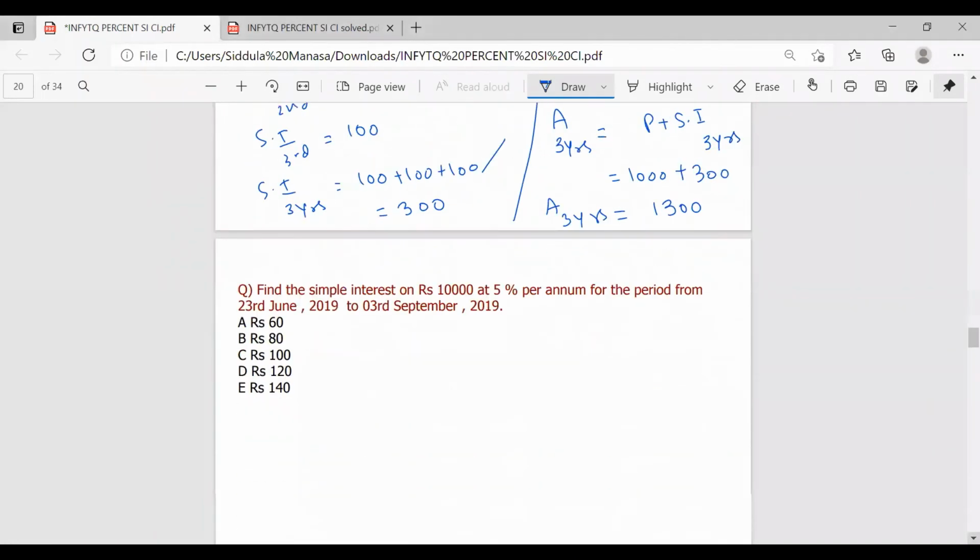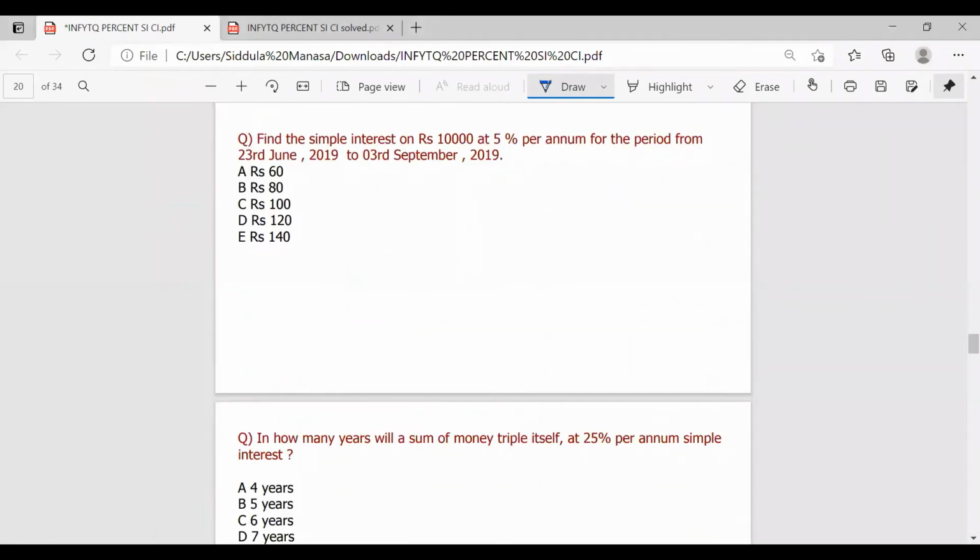Now the next question: find the simple interest on rupees 10,000, which is the principal, at 5% per annum, which is the rate, for the period from 23rd June to 3rd September. From 23rd June to 30th June, June having 30 days only, is 8 days.